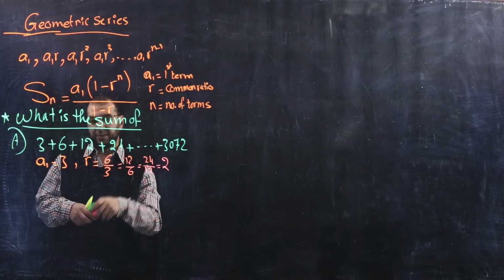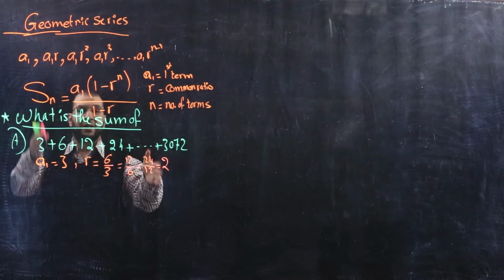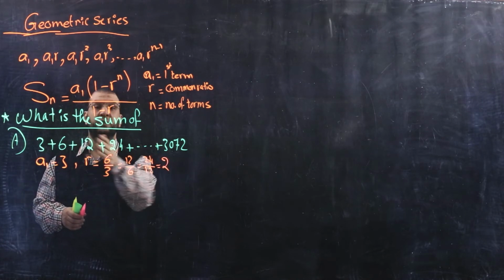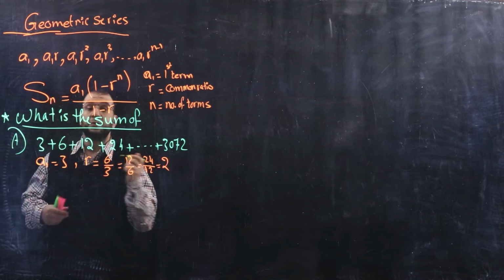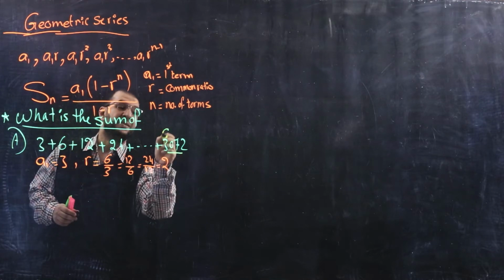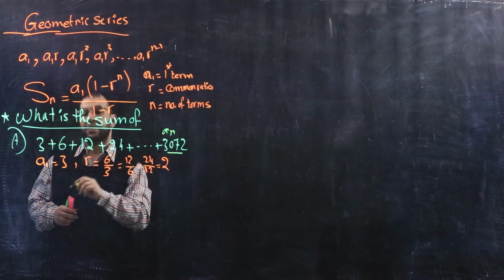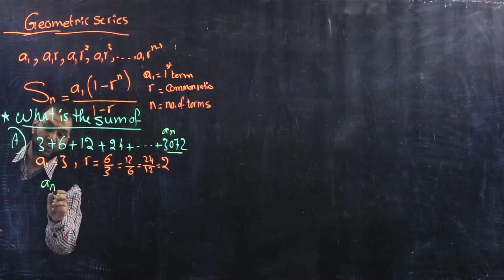Do I have n here? I know the first term and I know the last, but I don't have the number of missing terms, so I cannot count to get the number. So I can use a sub n, the last term, with the explicit formula.